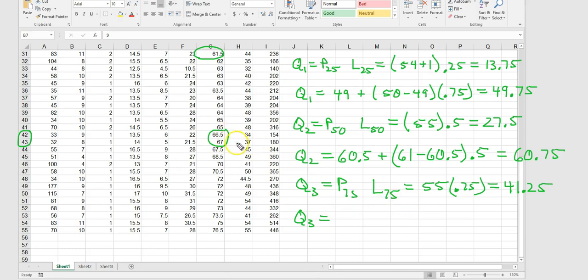So 25% of the way between those two numbers. So it's going to be 66.5 plus, and then 25% of the difference between these two numbers. So 67 minus 66.5 times 0.25.